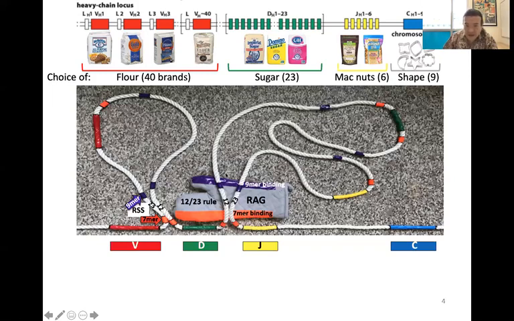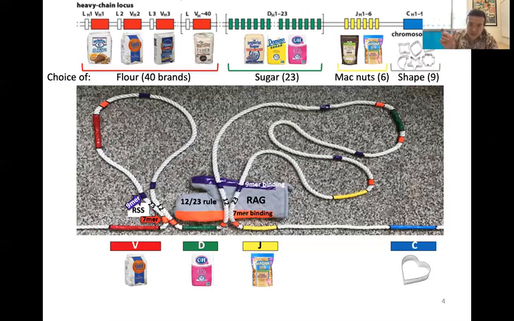If that happens over here too, then you end up with a choice of which V block, which D block, and which J block, and then eventually it'll add on a C block. That's like choosing this brand of sugar, this brand of flour, this brand of sugar, and this brand of mac nuts, along with this shape. And that's how you end up with your particular white chocolate mac nut recipe.